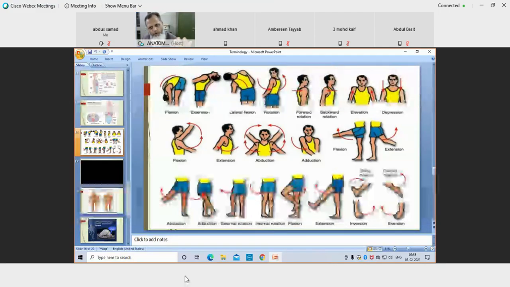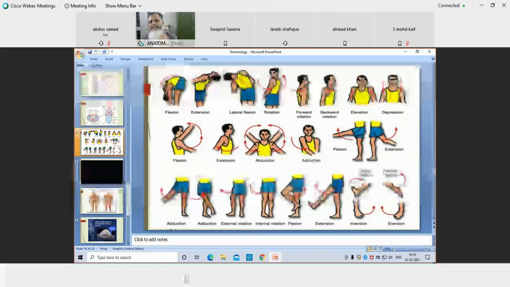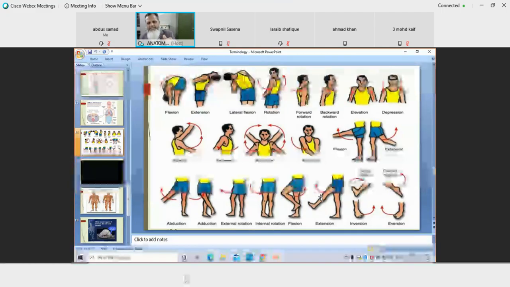Ball and socket joint. Which type of joint is a ball and socket joint? A synovial joint. There are several varieties of joints: synovial, fibrous, cartilaginous. So maximum movement is taking place at the synovial joint.